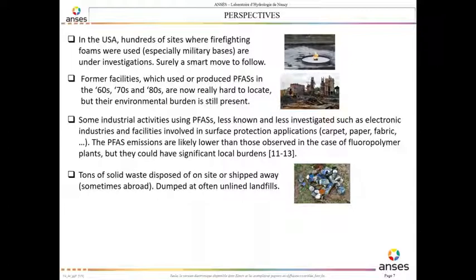They are also really hard to locate, but should not be overlooked. And to complicate the tracking, solid waste was sometimes shipped away from the production facility, and in some cases, it even crossed borders.